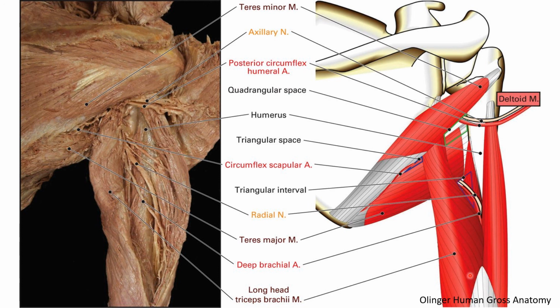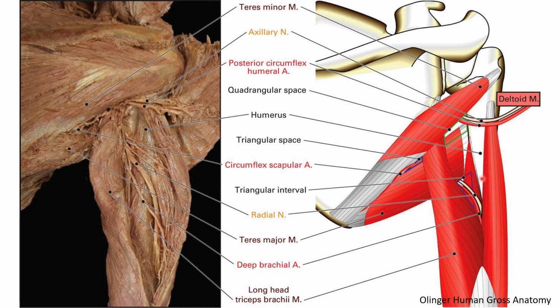Okay, so this is long head of the triceps. Teres major will go anterior to the long head of the triceps. So again, you'll see going through that quadrangular space, remember I told you the axillary nerve will be seen with the posterior humeral circumflex artery. Okay, so you'll see those in that quadrangular space through the posterior side.